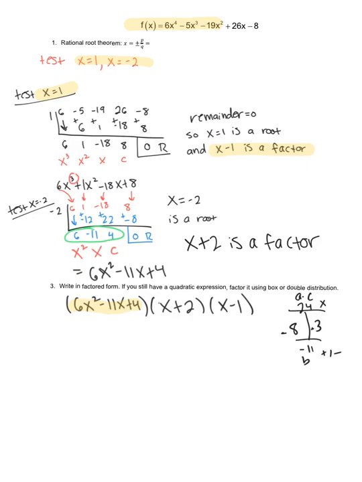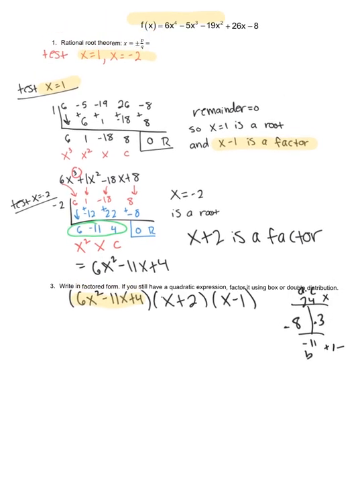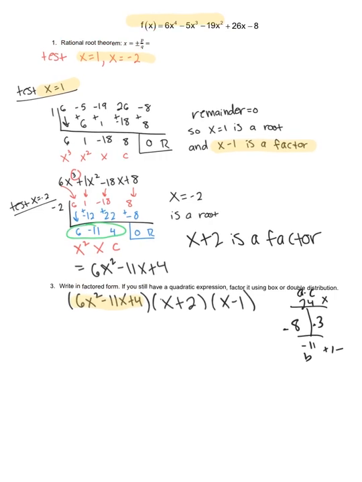So I'm going to do double distribution, but if you want to use the box method to factor this, you can do that as well. So I'm going to take 6x squared. I'm going to break that middle term into the two factors that I have here.